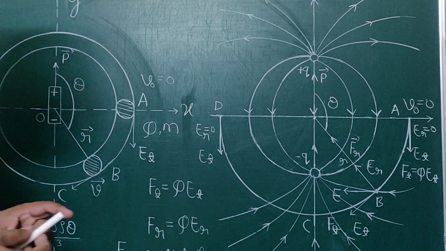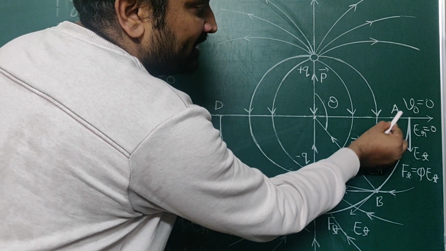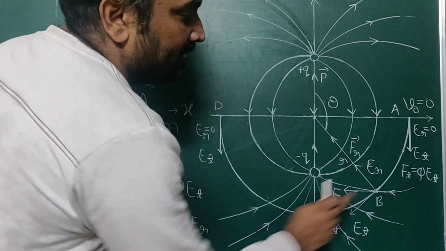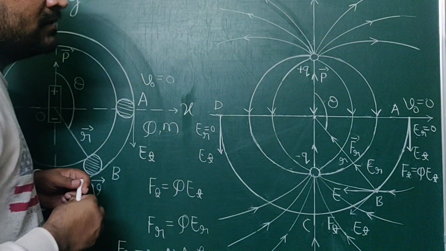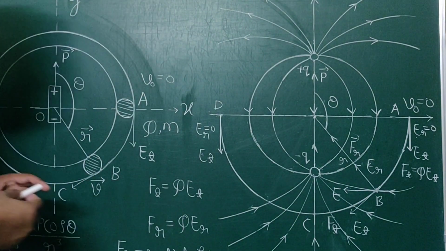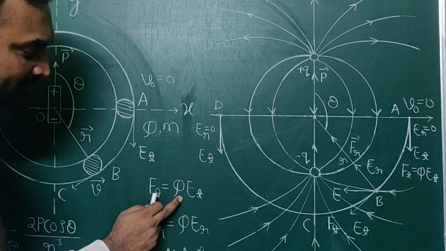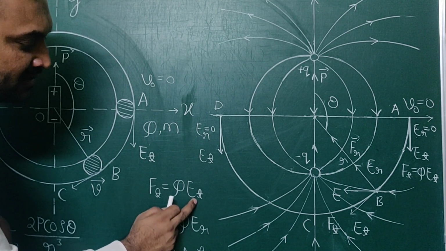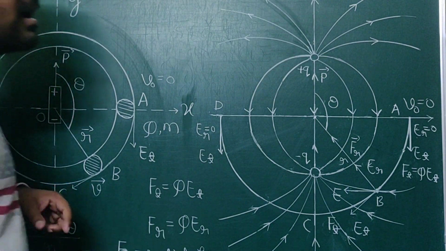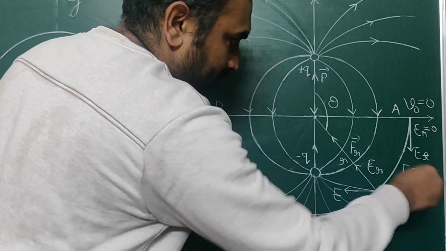Now, when the bead is released at point A with an initial velocity 0, the bead experiences a tangential force under the effect of the tangential electric field, which is given by the product of the magnitude of charge of the bead and the tangential component of the electric field. Under the action of this force, the bead will start to slide down.